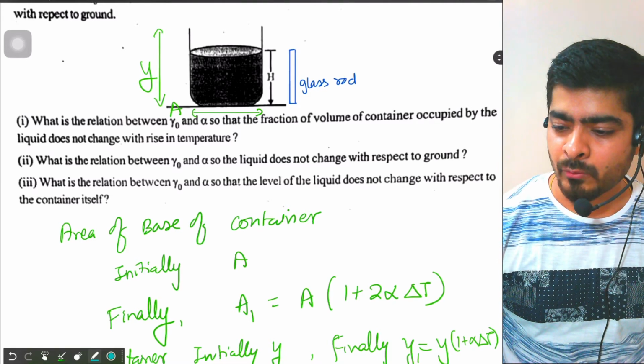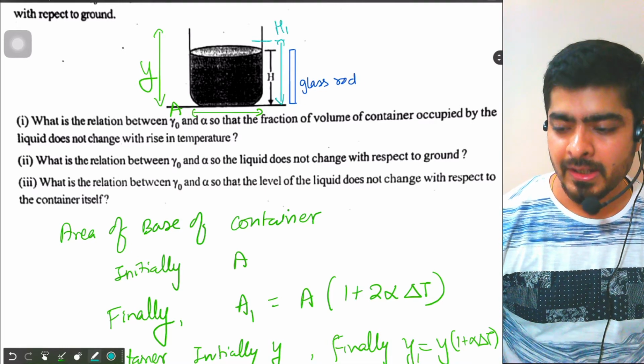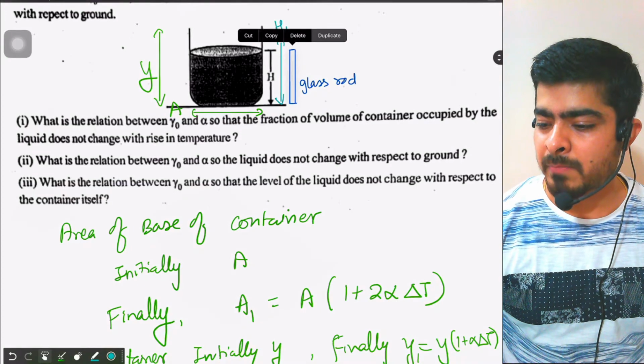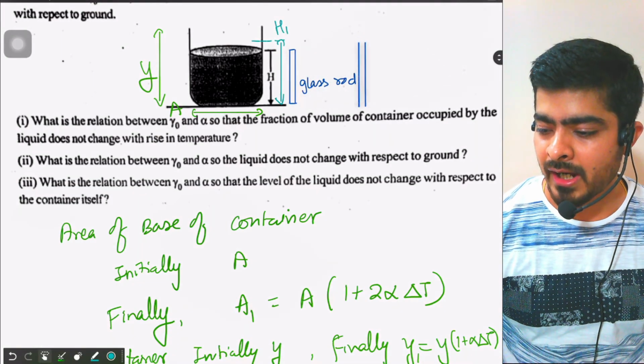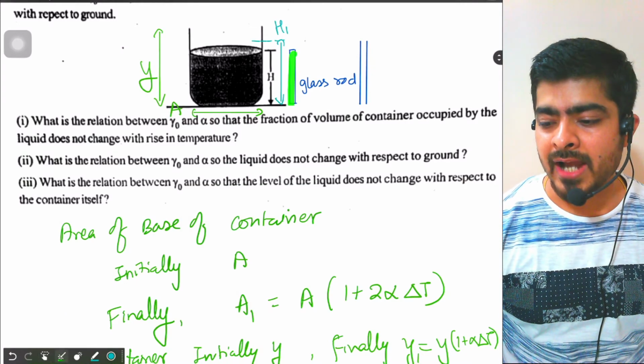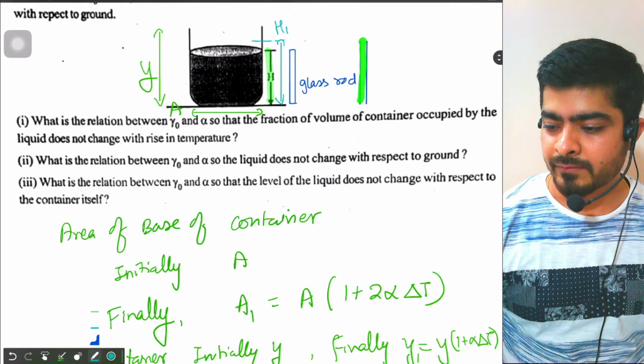Let's say the liquid is rising somewhere up to here. This is the new height of the liquid, h1. Then the glass rod is also expanding up to the same height. Initial height of the glass is equal to h, final height of the glass is equal to h1.